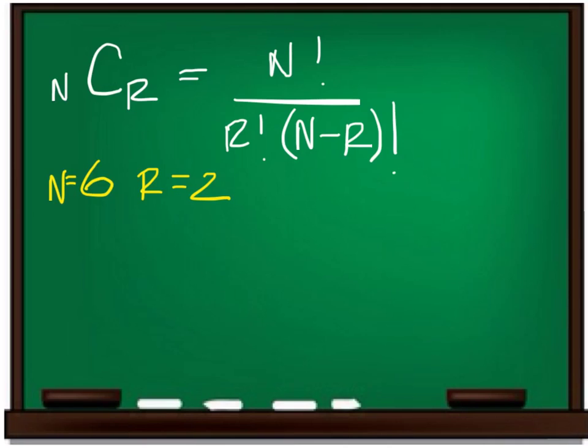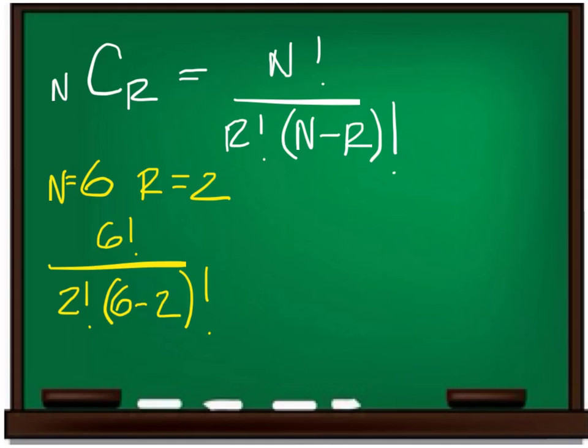You plug in 6 and 2 in that formula: 6 factorial over 2 factorial times the quantity 6 minus 2 factorial. So it boils down to 6 factorial over 2 factorial times 4 factorial, because 6 minus 2 is 4.